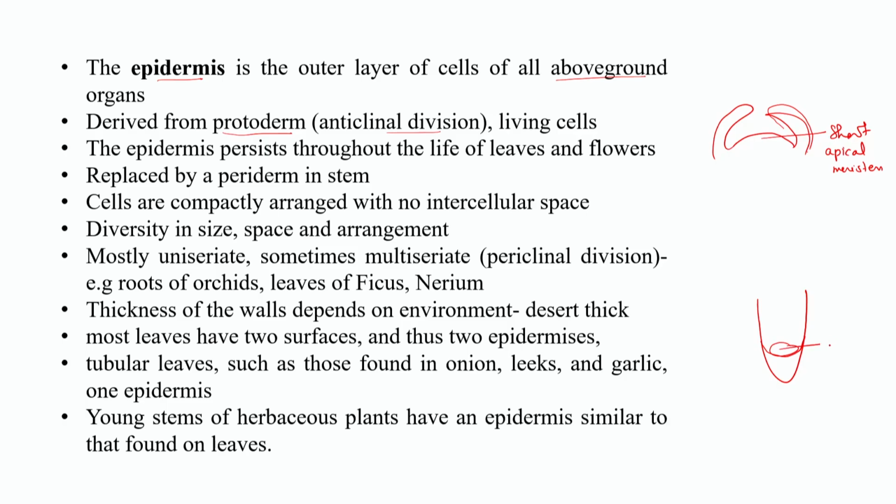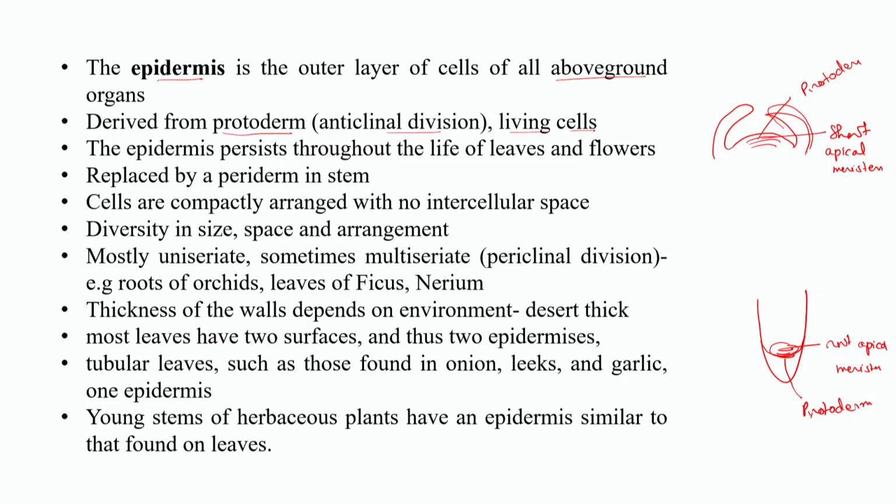So this is the region of root apical meristem. In this also we have different layers. So the outer layer will give rise to the epidermis, which is the protoderm. So here also you have different layers. The outer layer will be formed from the protoderm.